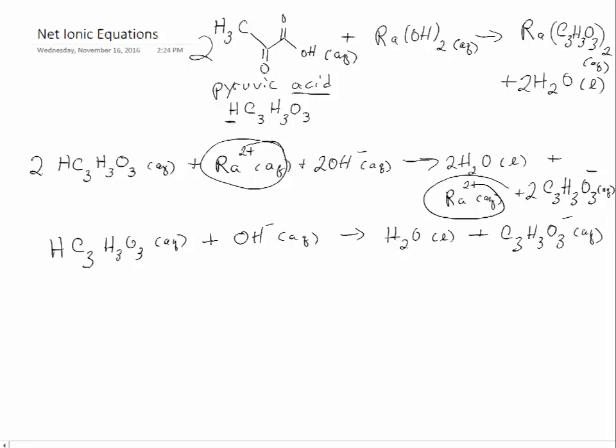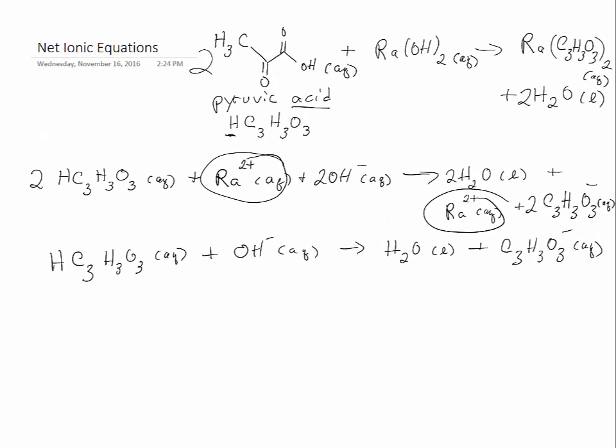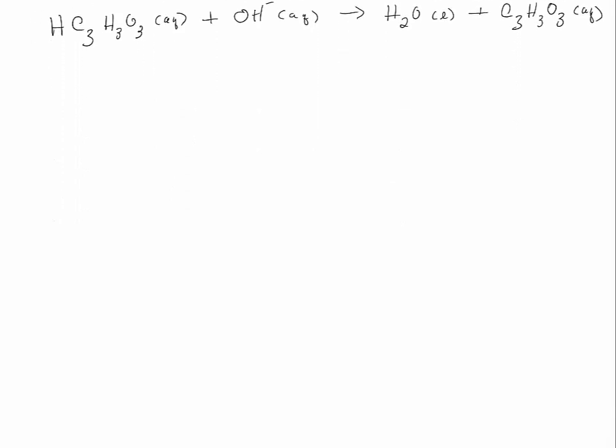We would see something similar to this where we have a molecule that is not a strong electrolyte. This is a weak electrolyte. We would see something similar to this when we look at something that's an insoluble compound. What's an insoluble compound?